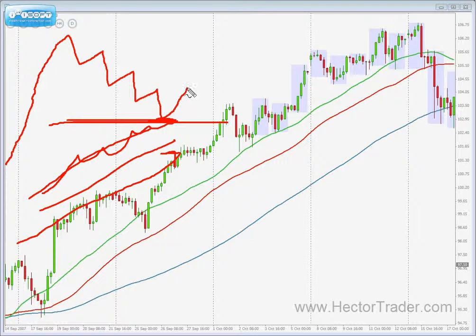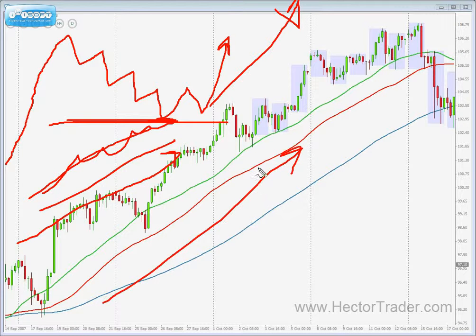We retrace back from there. The bears try to unleash another attack to that area, but they just don't have any more energy. They are dying out in momentum. The bulls are regaining control of the situation, and from there, price continues with a whole new impulse in the direction of the overall main trend.